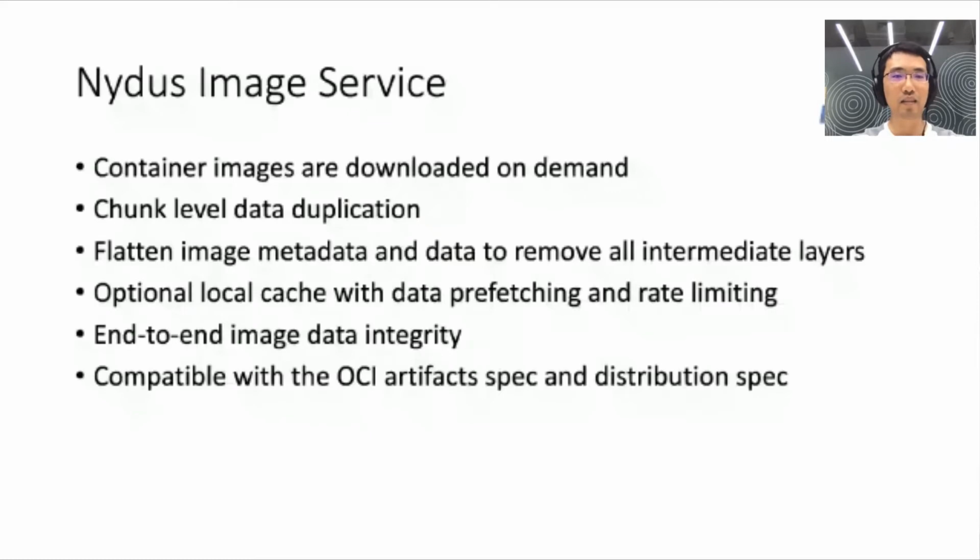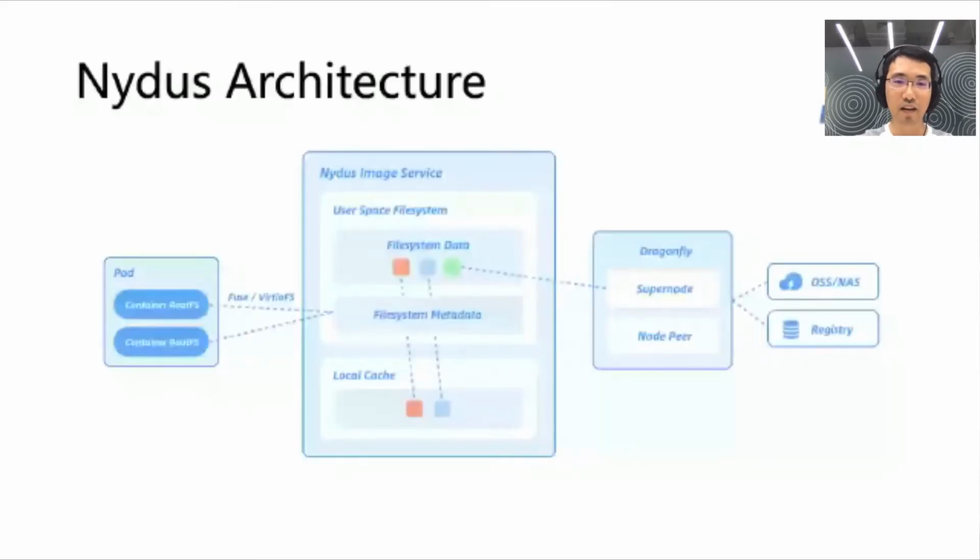So this is the Nydus architecture. In the middle, there is the Nydus image service, which is a user-space file system daemon. This file system daemon provides two transports for containers to access. It can be used with a fuse endpoint, and it can be used with a virtio-fs endpoint. So the same Nydus daemon can be used by normal runC containers and also virtualized containers such as Kata. Within the user-space file system, there's file system data and file system metadata.